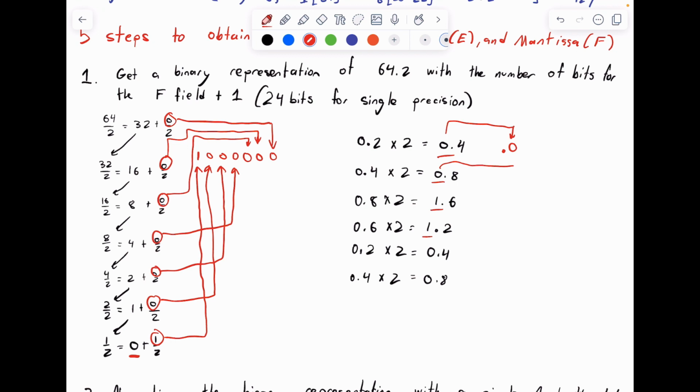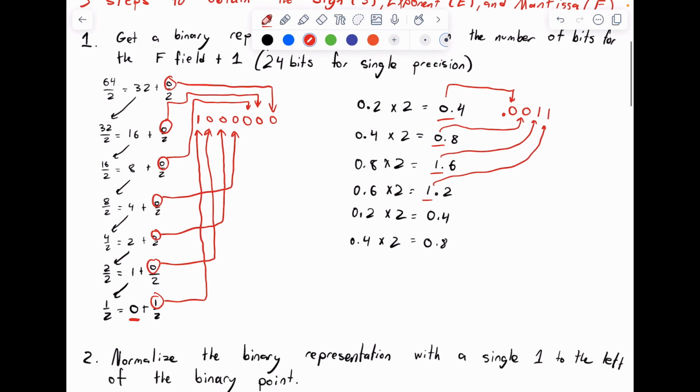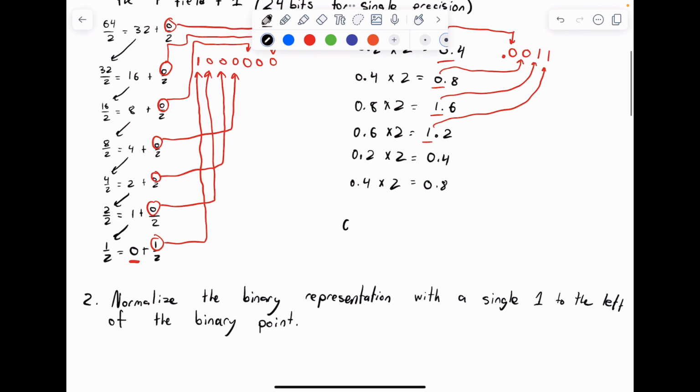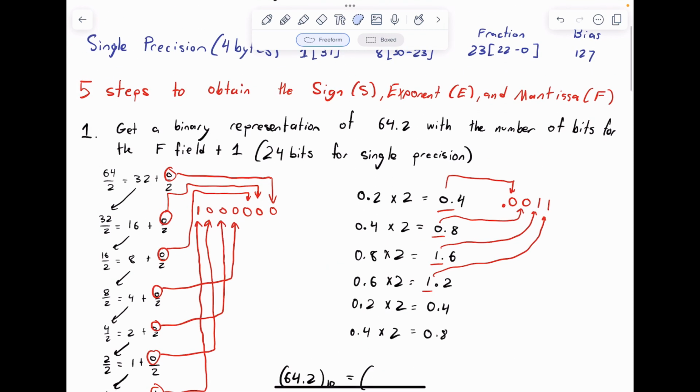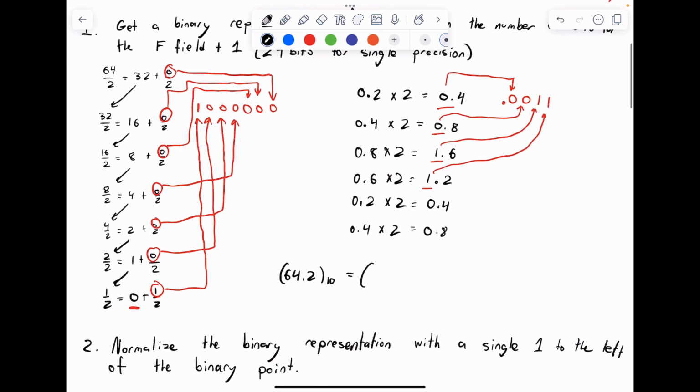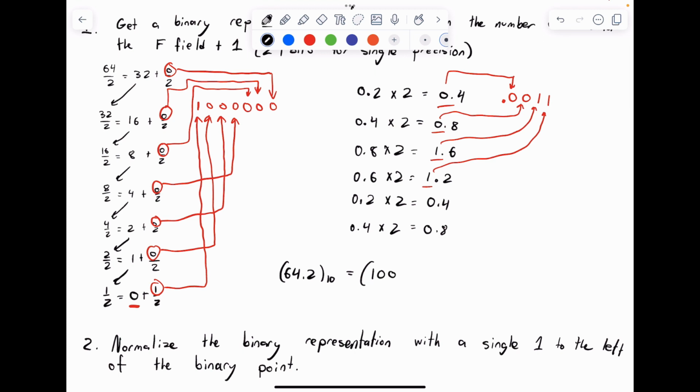Then we bring this, this one here, this one here. And note that the pattern will repeat after this. So then 64.2 in binary will be represented in, again, 24 bits like we had specified, will be 1 0 0 0 0 0 0.